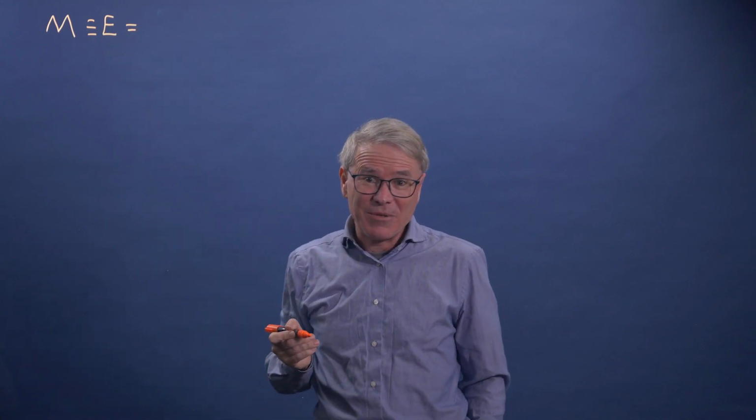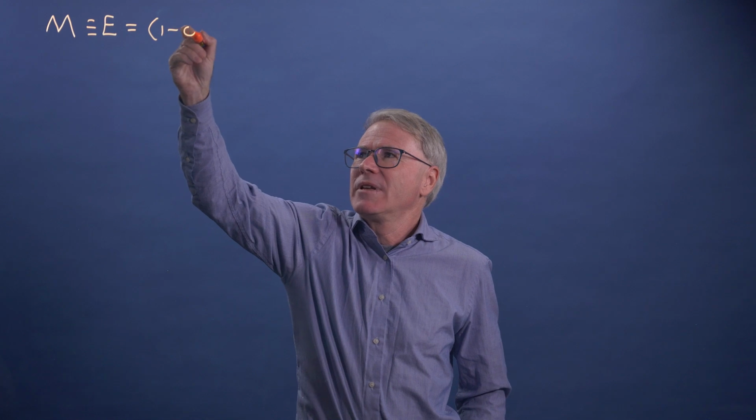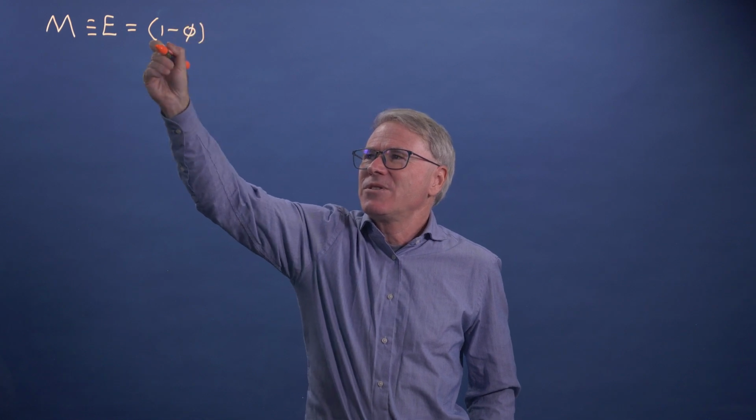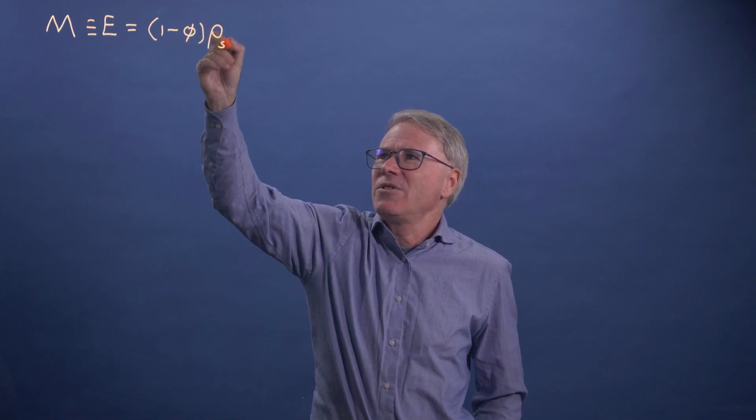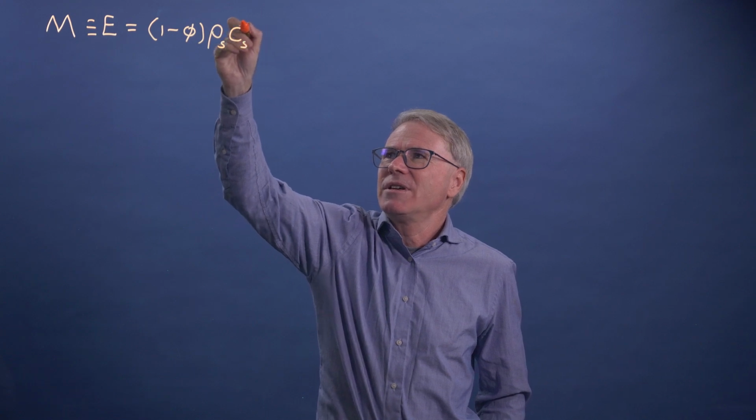Okay, so let's write out the equations again, just so that we can go step by step. We have the mass, which is not a real mass. It's an energy per unit volume now. Okay. And we need all the components there. And we have the solid. This is the amount of solid, density of the solid, heat capacity of the solid, times temperature.